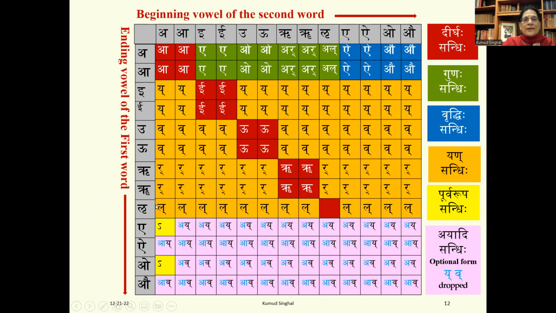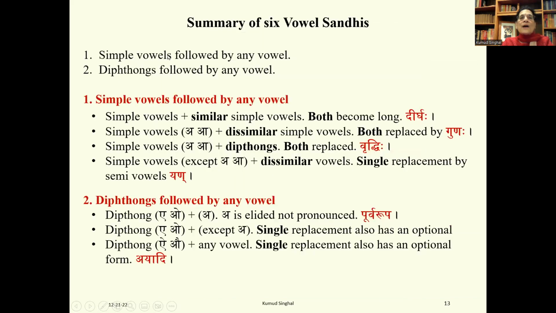This part here and this part here. So this is the simple vowels following any vowel, this part. And here is the diphthongs following any vowels. So simple vowels followed by any vowel and diphthongs followed by any vowel.